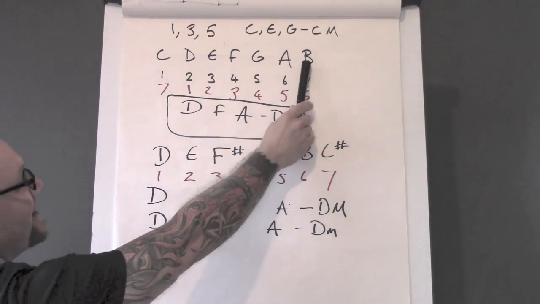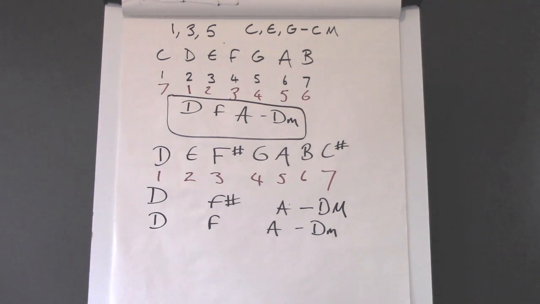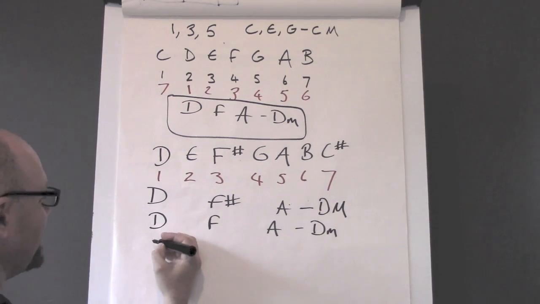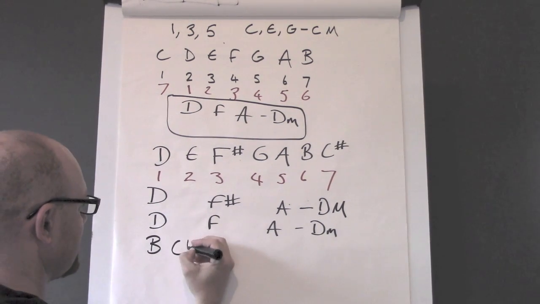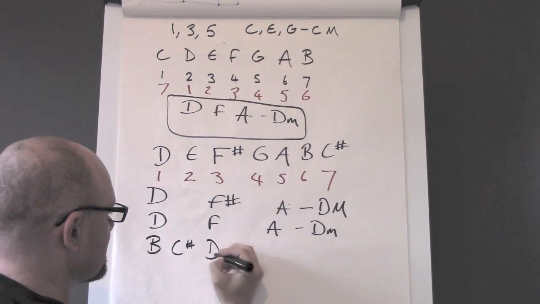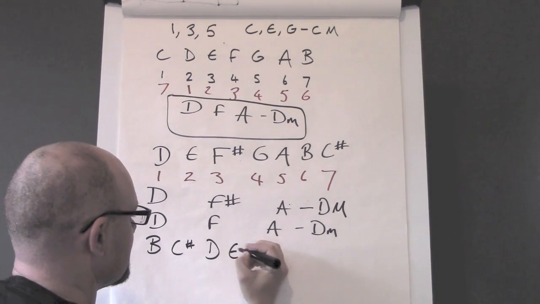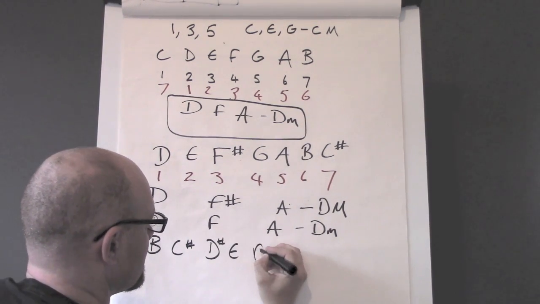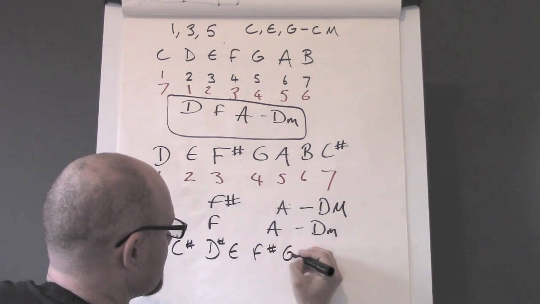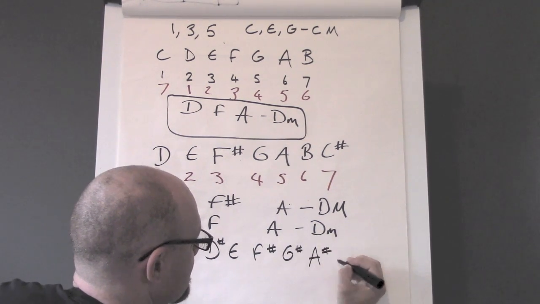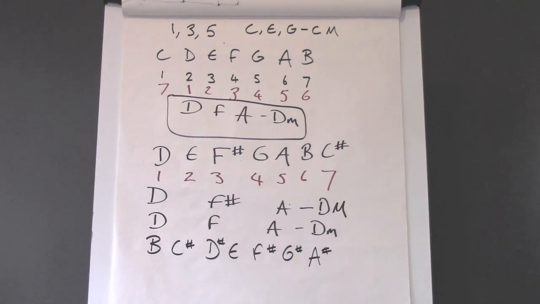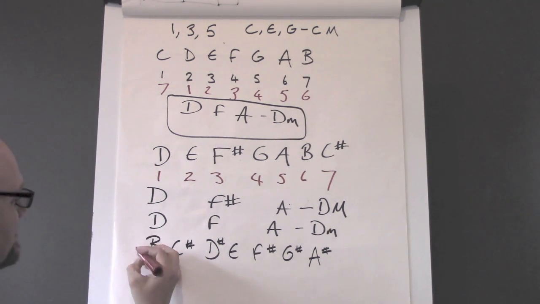When you get up to B here, we're going to have a slightly different variation. So in a major scale, B major, B, okay, so here, let's just circle this so we know that we're just talking about this one.